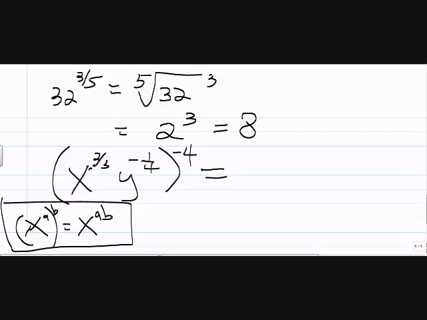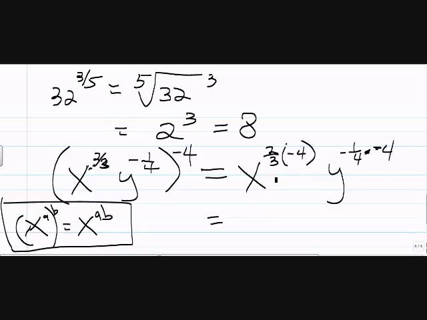So x to the 2/3 y to the negative 1/4 to the negative 4 power is x to the 2/3 times negative 4 times y to the negative 1/4 times negative 4.